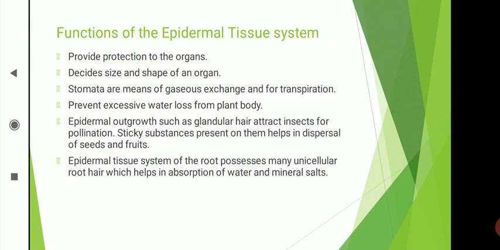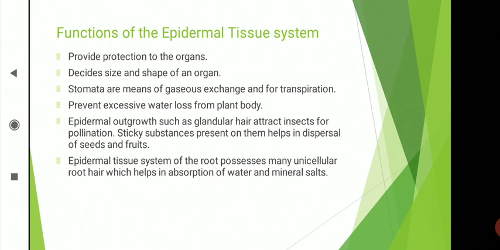The sticky substance present on them helps in dispersal of seeds and fruits also. The epidermal tissue system of root possesses many unicellular root hairs which help in absorption of water and minerals. So these are the basic functions of the epidermal tissue system.